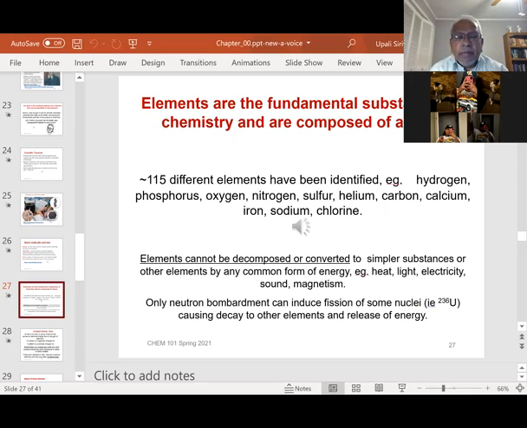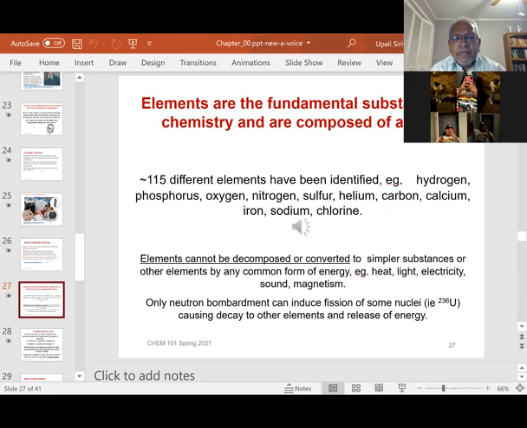Elements are... I'm trying to continue this chapter, a few slides now for 5 minutes now. I'm getting disturbances. What are elements? Elements are composed of only one kind of atom.